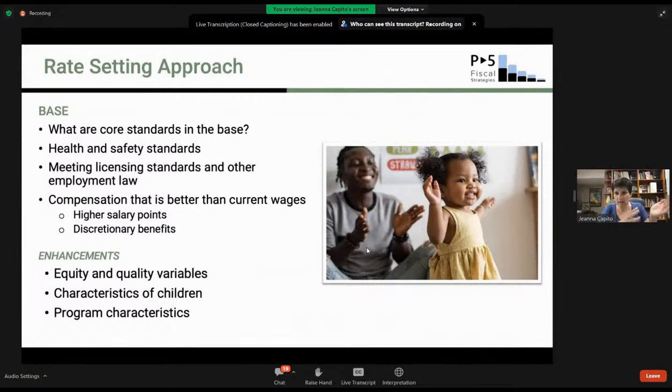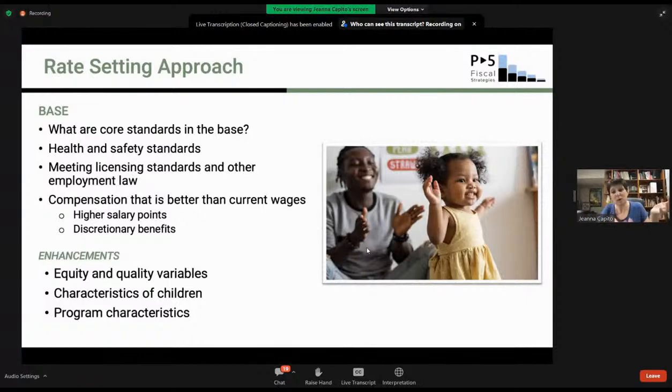This is a perfect example of that: licensing can be a floor. It does not have to be the only thing that drives your base rate. And that's where things like thinking about compensation that is better than current wages can be a part of your base rate. And we're going to see that when we look to what has been done in a couple of the other states. It's also an opportunity that you can embed discretionary benefits.